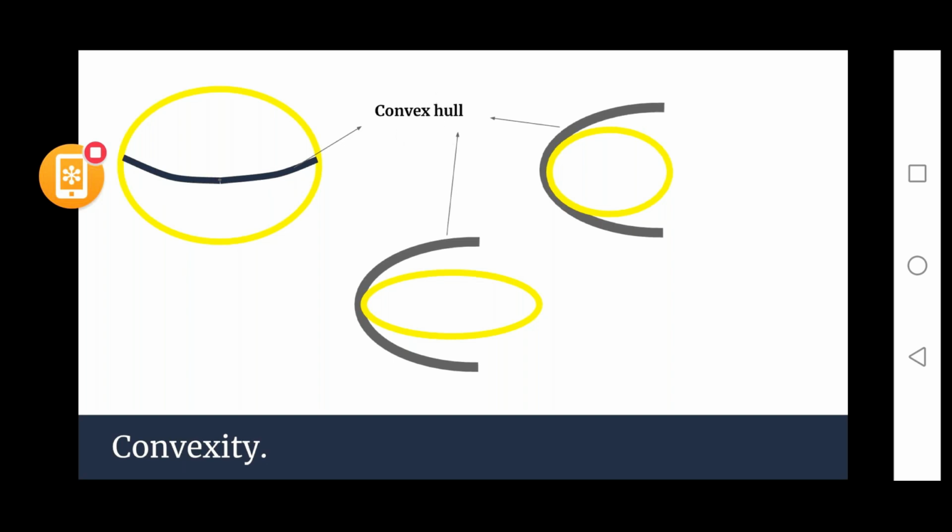So what is a hull? Hull is a term used by sailors, the ones who sail boats. They call it the hull of a ship, the hull of a boat. A hull is nothing but the outer surface of any structure. So there is something known as a convex hull. This convex hull is like a reference which is placed on the cornea and then matched with it.